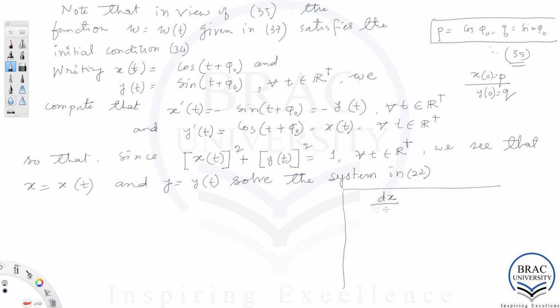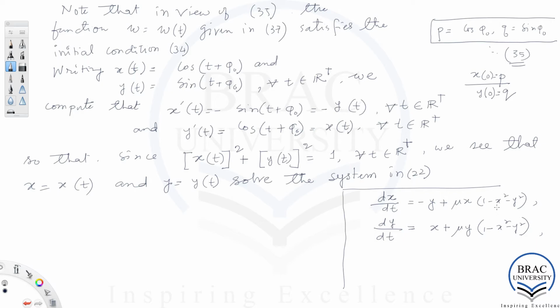dx/dt is equal to minus y plus mu x(1 minus x squared minus y squared), and dy/dt is equal to x plus mu y(1 minus x squared minus y squared).